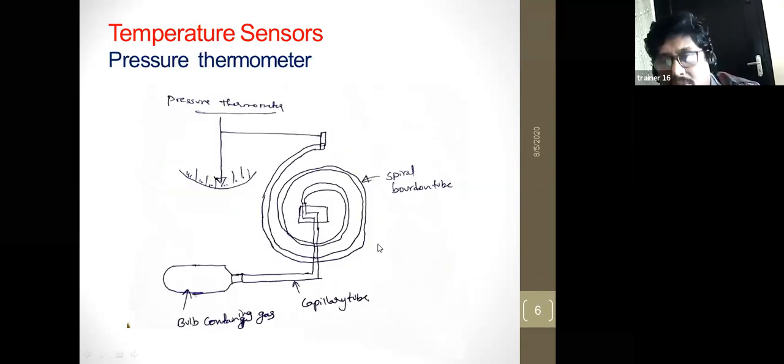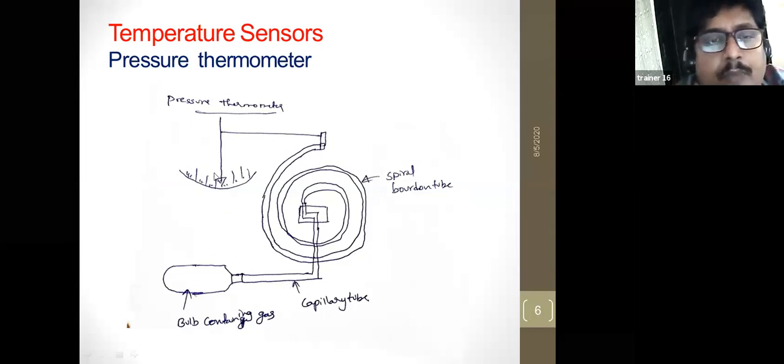Pressure thermometer. Already we discussed this Bourdon tube. This is a Bourdon tube. Then here the bulb contains a gas or a liquid whose temperature has to be measured.